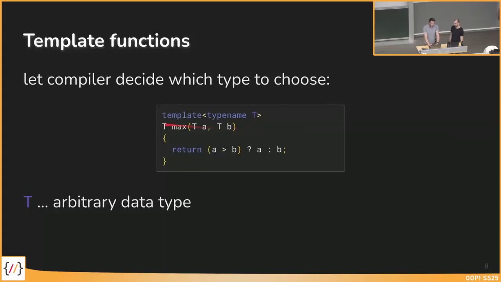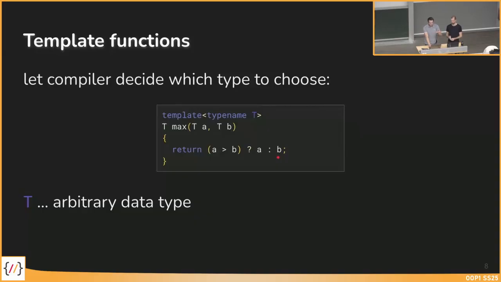And the only thing we have to do is to say to the compiler, this is a template, by specifying it with template T. And then we can write T everywhere we had integer or float before, and the implementation inside the function is the same.